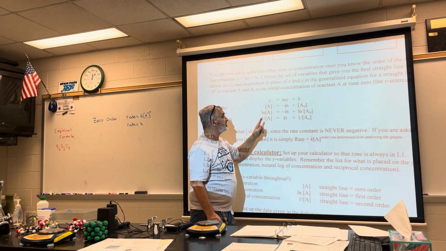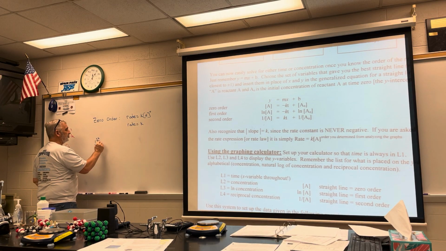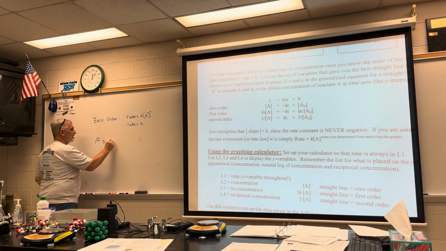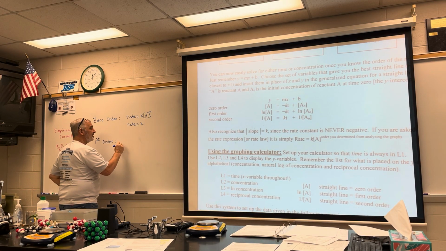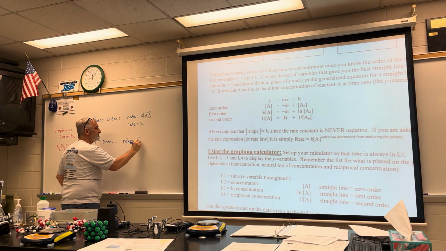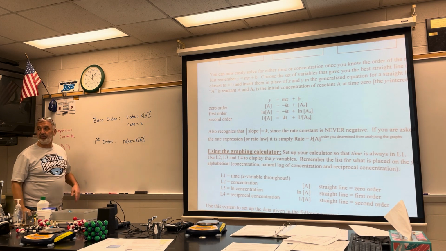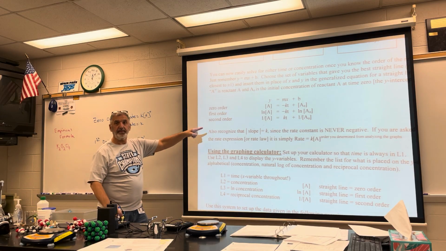Now if it's first order, and those of you in calculus, have you guys done integrals yet? Yeah. Okay. So we have the rate is equal to K times concentration of A to the first. Now when I take the integral of that, you're going to get this equation.